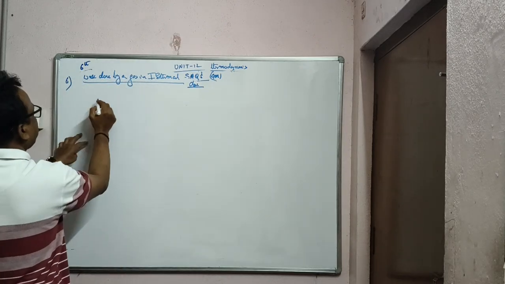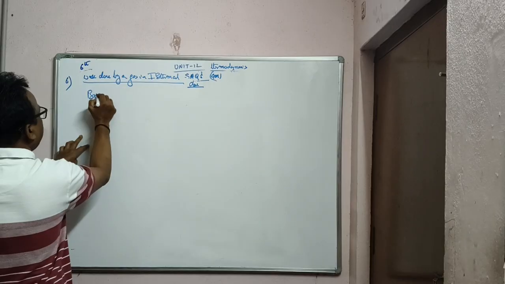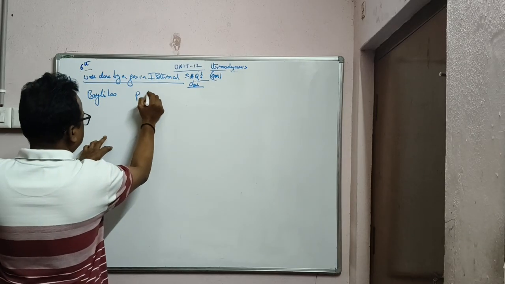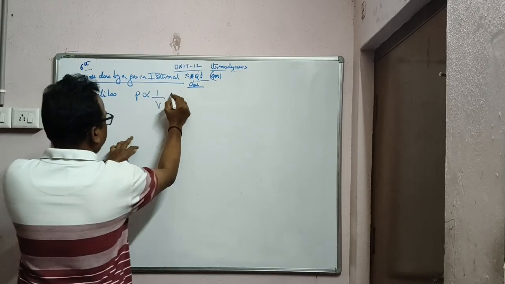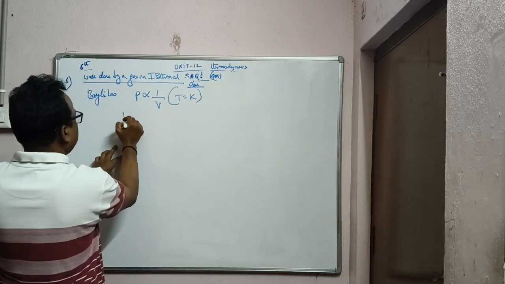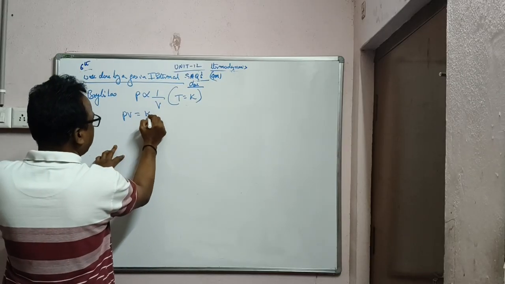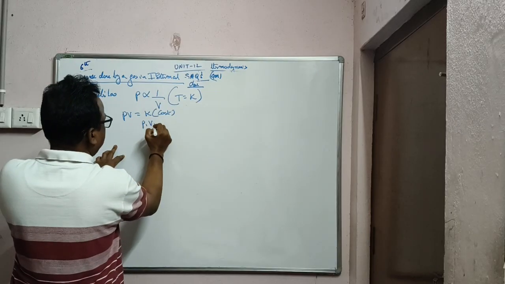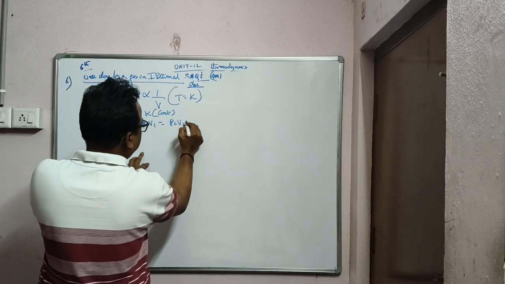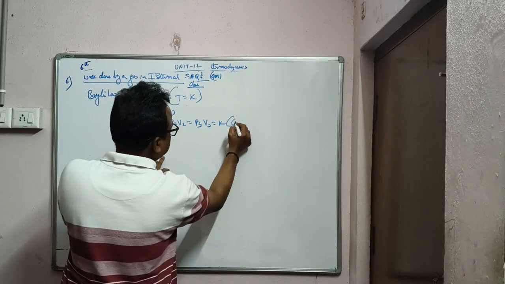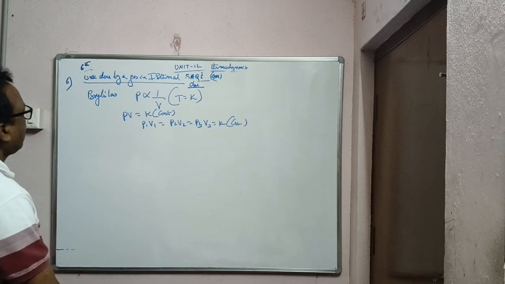As we know, isothermal is nothing but simply Boyle's law. That is, pressure is inversely proportional to volume at constant temperature. That is, PV is equal to constant. That means P1V1 = P2V2 = P3V3 = constant. This is Boyle's law.